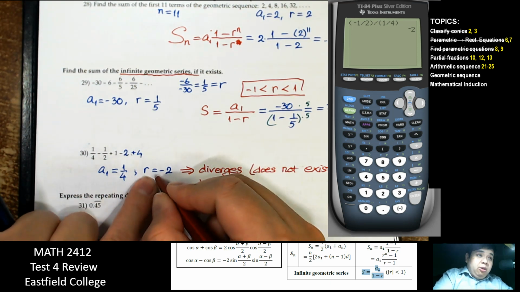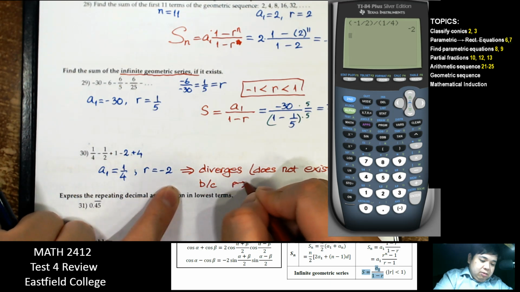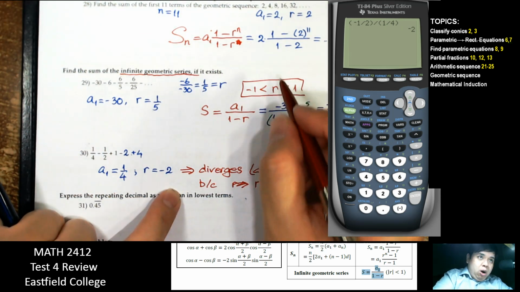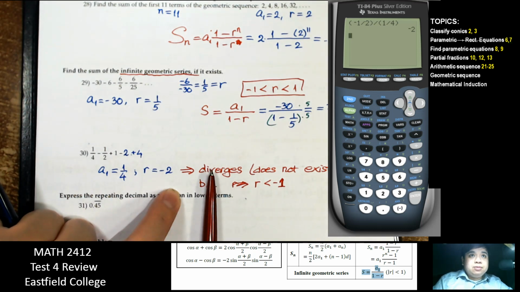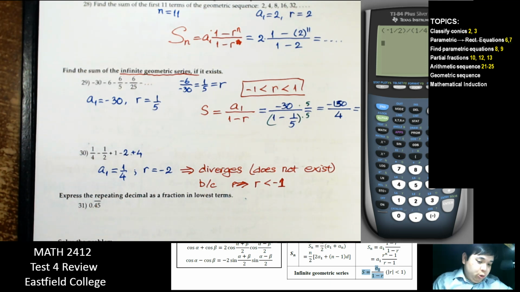Because r is less than negative 1. It has to be between negative 1 and 1. This one doesn't. Right. So we just do it like that.